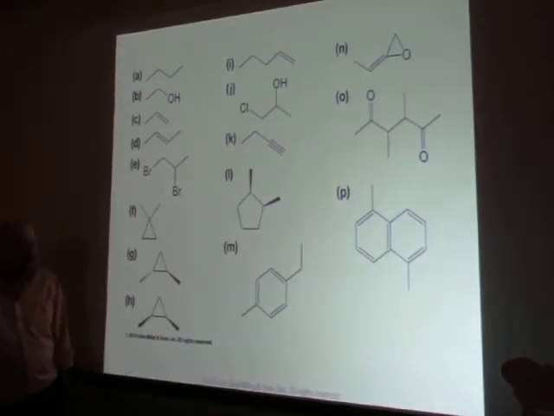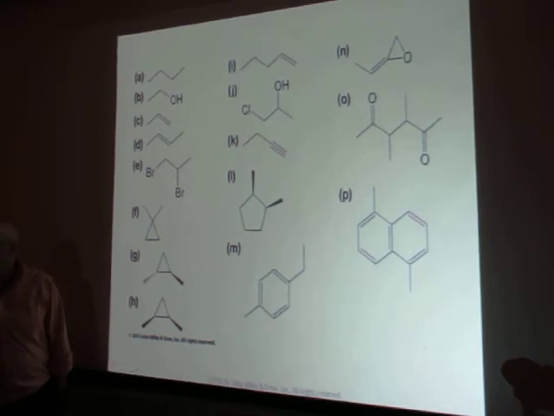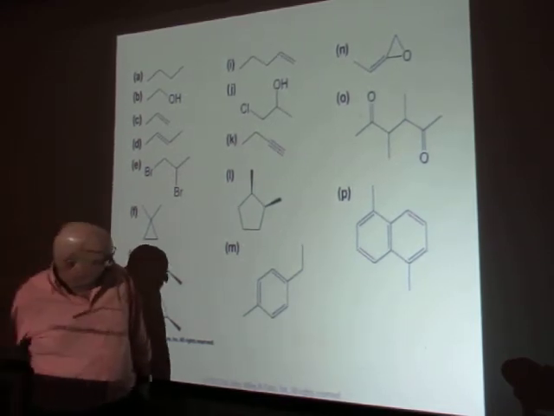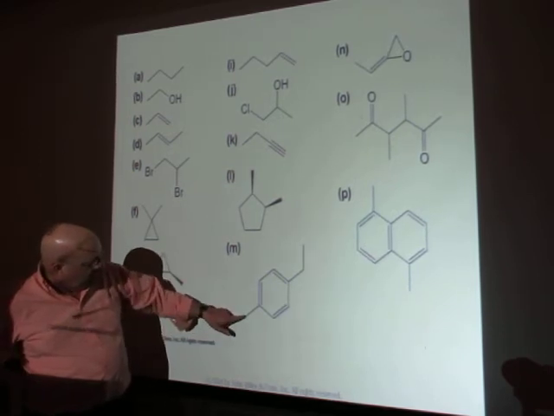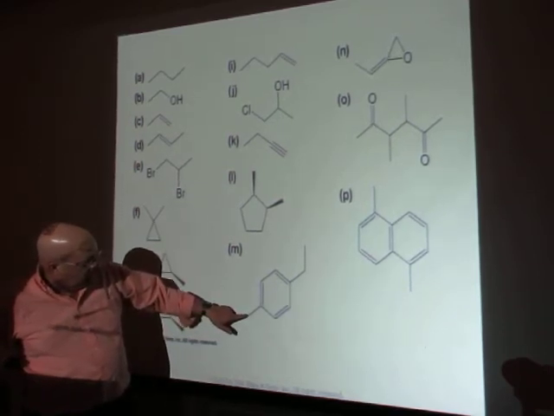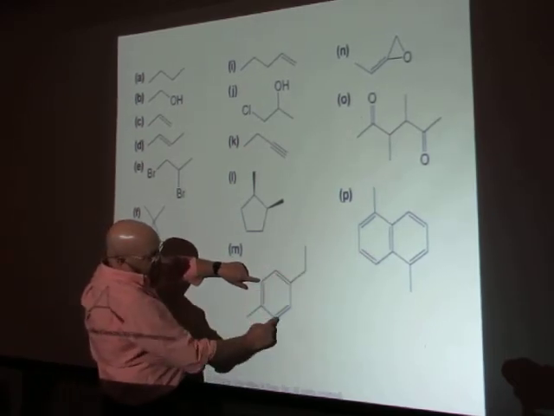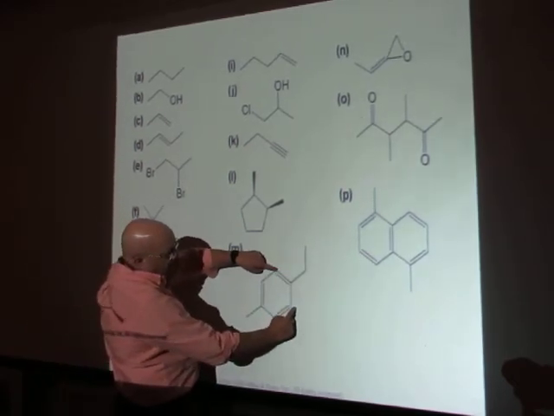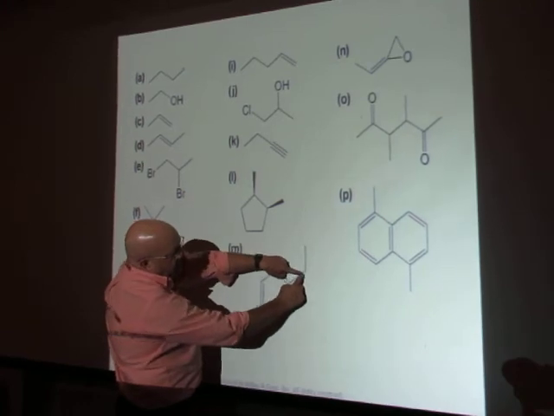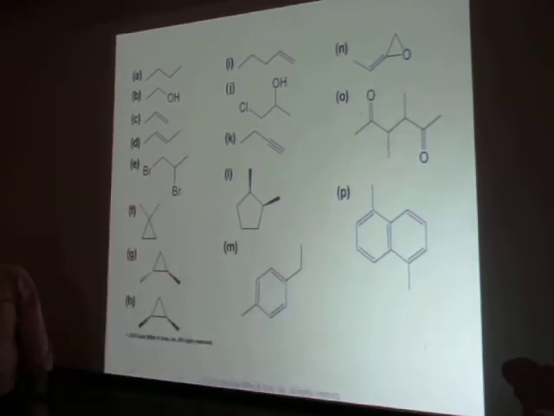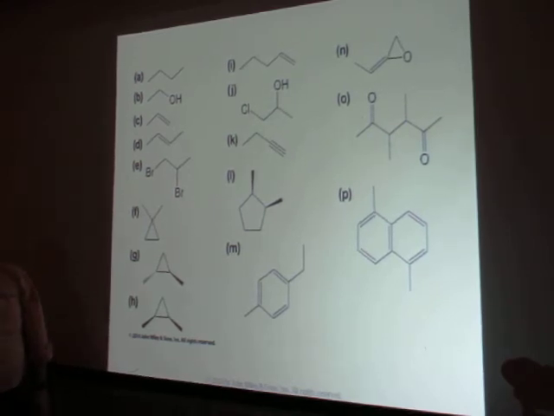How many different carbons do I have in M? Look for the symmetry. Okay, 6. Let's see what we got here. 1, 2. These 2 are equivalent because of the symmetry. 3, 4, 5, 6, 7. I would have 7 signals in the carbon NMR.